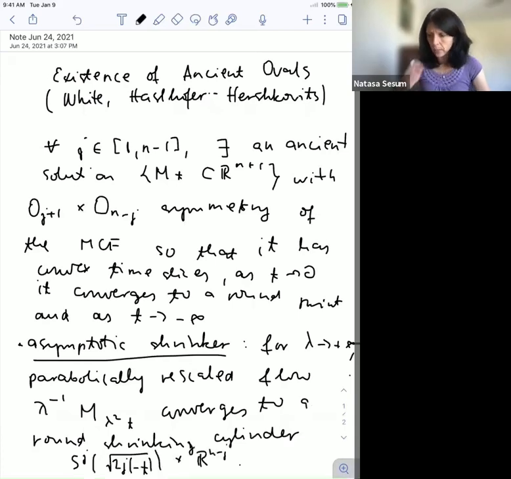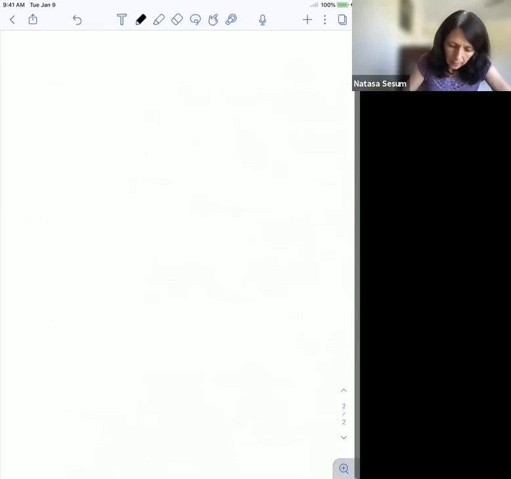So this is a generalized cylinder, right? This means that we see this asymptotic shrinker, which is buried into our ancient solution. So if we parabolically rescale, as time approaches negative infinity, our ancient solution looks more and more like this generalized cylinder. And then the second thing we see is the asymptotic translator.